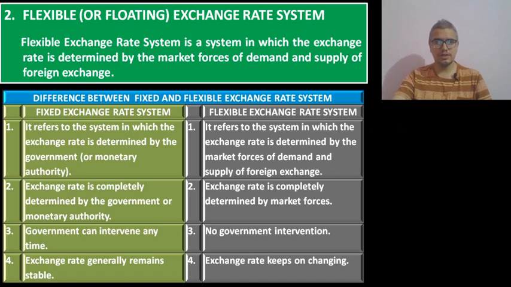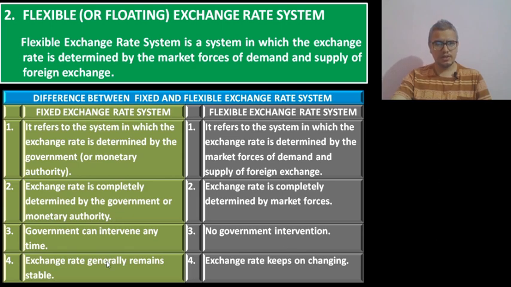And again, the second difference is from the definition itself. In case of the fixed exchange rate, obviously since the government is deciding, the government can intervene any time. But in case of the flexible exchange rate system, the government cannot intervene. So there is no government intervention.